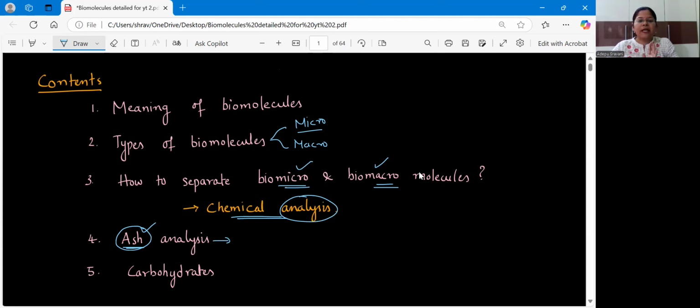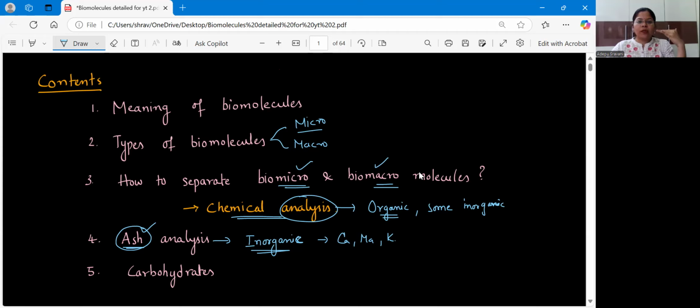This ash analysis will give us the inorganic components of the living organism. Inorganic components include calcium, magnesium, potassium, all those things. When you do the chemical analysis, basically we'll find the organic molecules. Apart from organic molecules, we also see some inorganic components. Not all, but a few inorganic components we can find in chemical analysis, but in ash analysis, definitely it is only the inorganic component that we get.